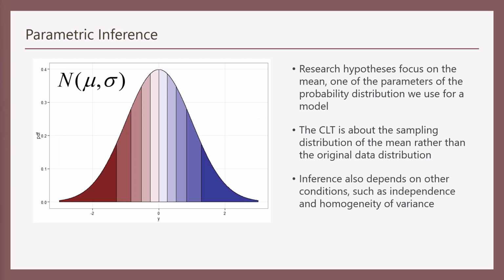Inference also depends on other conditions, such as independence of observation, homogeneity of variance, homoscedasticity, random processes such as random sampling and random assignment.